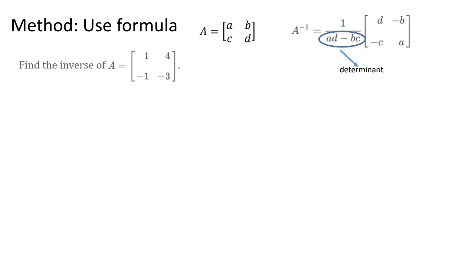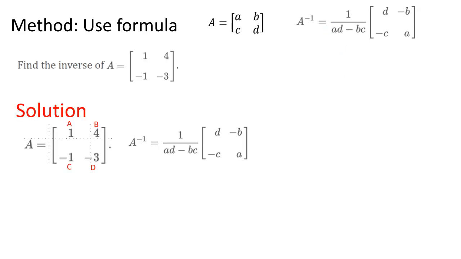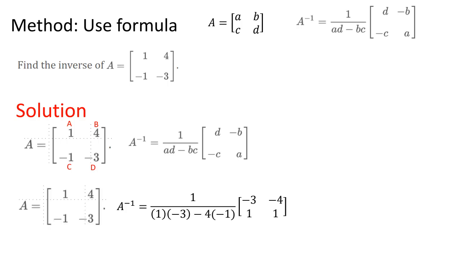Okay, so let's go ahead and use the formula. And if it helps, you can label these A, B, C, D. So here's our formula. And then we'll plug in the information. So we're going to have 1 over A, which is 1, times D, which is -3, minus B, which is 4, times C, which is -1.